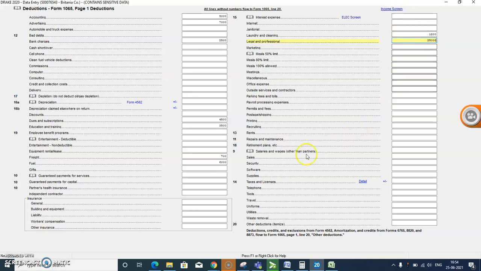Telephone charges $10,000. Meals $6,000. As we know, it is up to 50% limit.